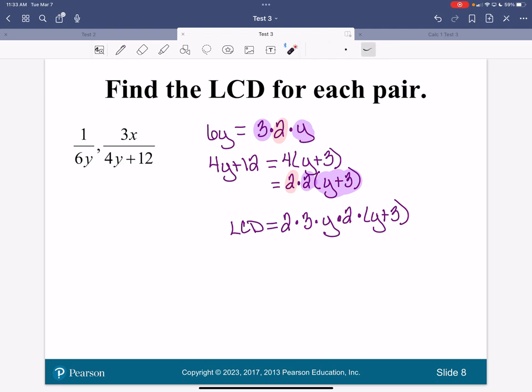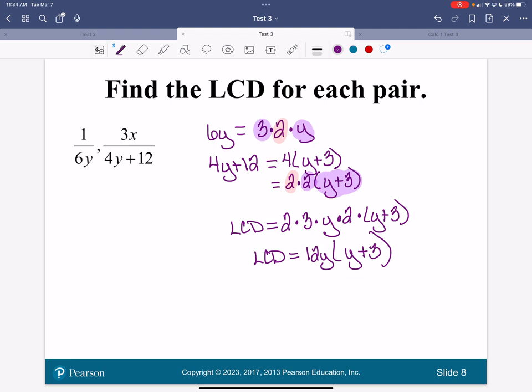Now, what I would do is I would multiply these together, but then leave this as a factor. So multiply 2 times 3 times 2. Good. And then I've got my y. And I've got y plus 3. So that is my LCD right there.